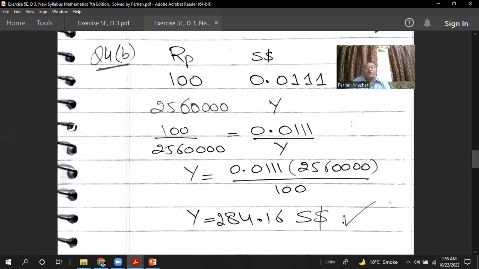So Y will be equal to 0.0111 multiplied by 2,560,000 divided by 100, and that will be 284.16 Singapore dollars. So this is how you will do question number 4, B part.